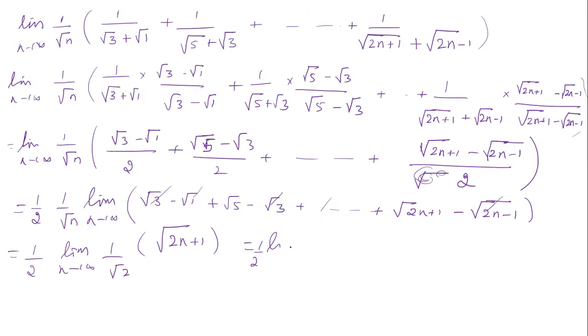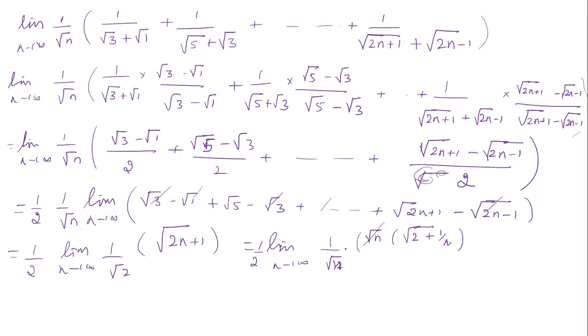1 by 2 limit n tends to infinity 1 by root n. Take root n common. This is root n common, becomes 2 plus 1 by n.